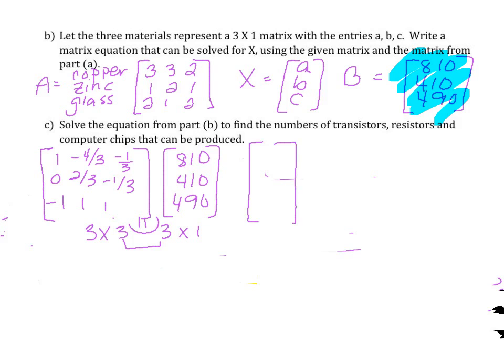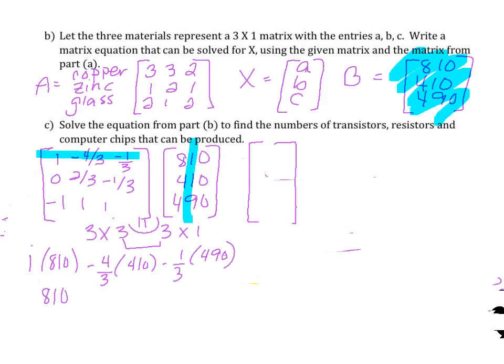So we're going to first start by multiplying our first row by everything on the left using matrix multiplication. So 1 times 810 minus 4/3 times 410 minus 1/3 times 490. We do get some decimals here, but that's okay. So we'll get 810 minus, we'll have 4 times 410 divided by 3, and that gives me 546.6.